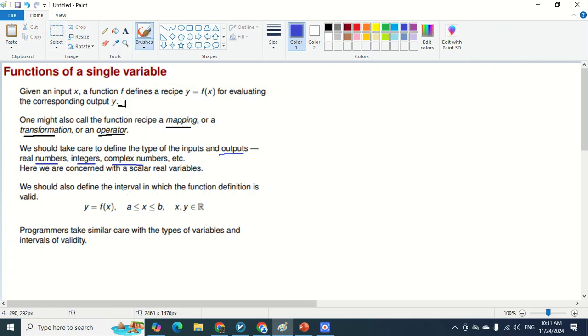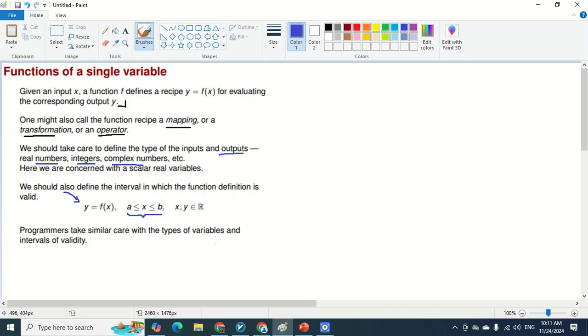So we can define a function by its value, meaning y equals f of x, and we can talk about the domain of a function, where x and y belong to the real values. Programmers take similar care with the types of variables and intervals of validity.